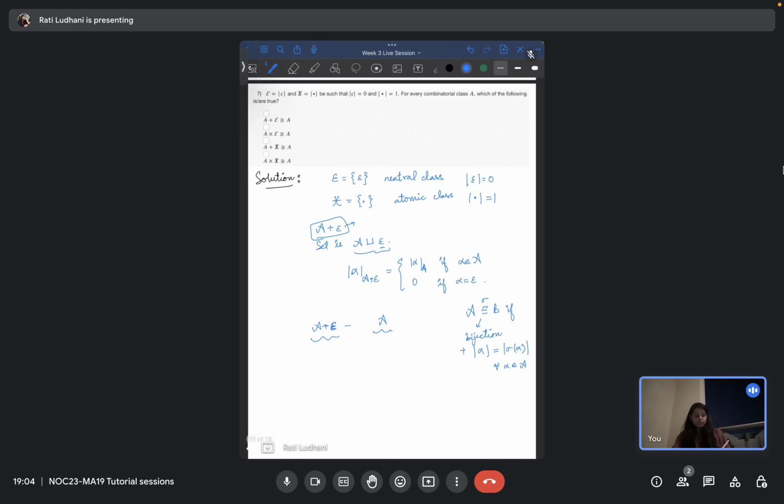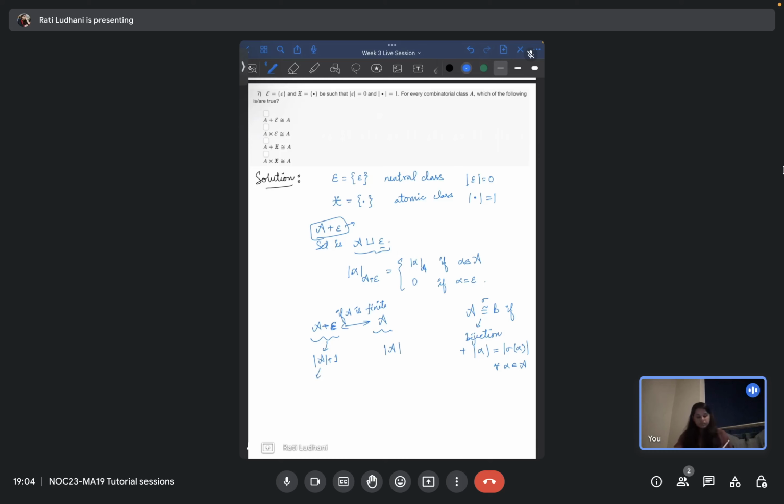So there is no bijection if A is finite. The cardinality of A plus epsilon is cardinality of A plus 1, and you have just cardinality of A.